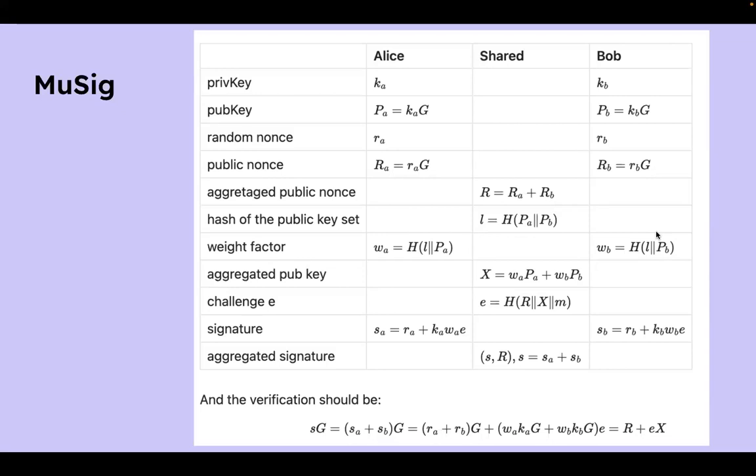To prevent it, we have another aggregated public key, X, a weighted sum of public keys: WA PA plus WB PB. And then compute a challenge value. The signature should be like the weight factor times your private key. Then we can finally complete a full Schnorr signature, which is safe from the key cancellation attack.